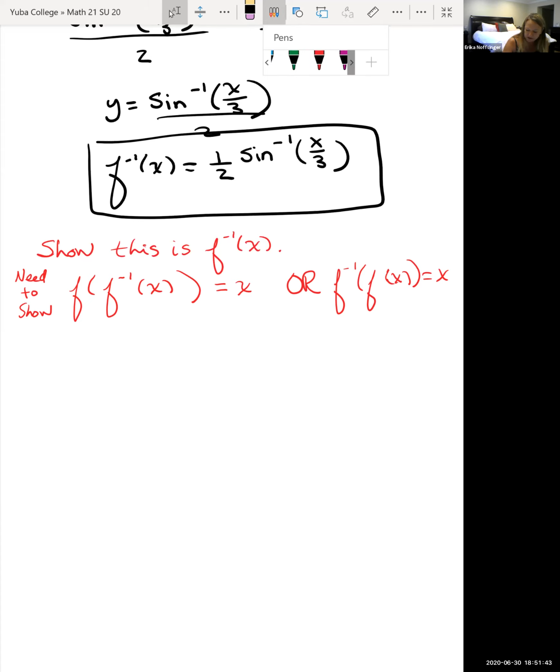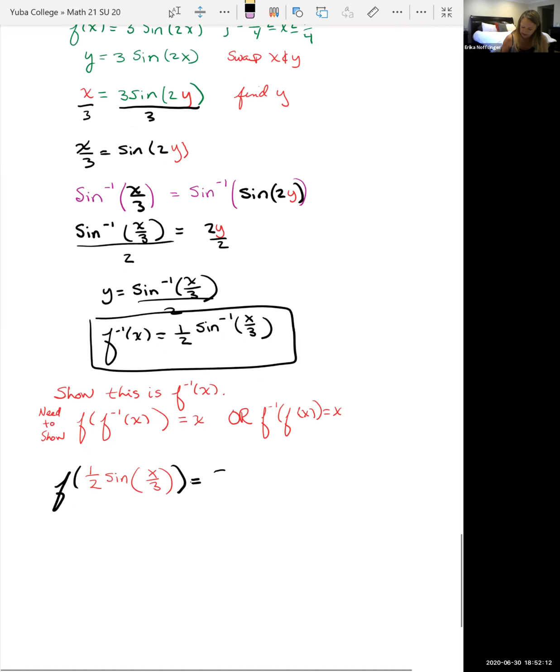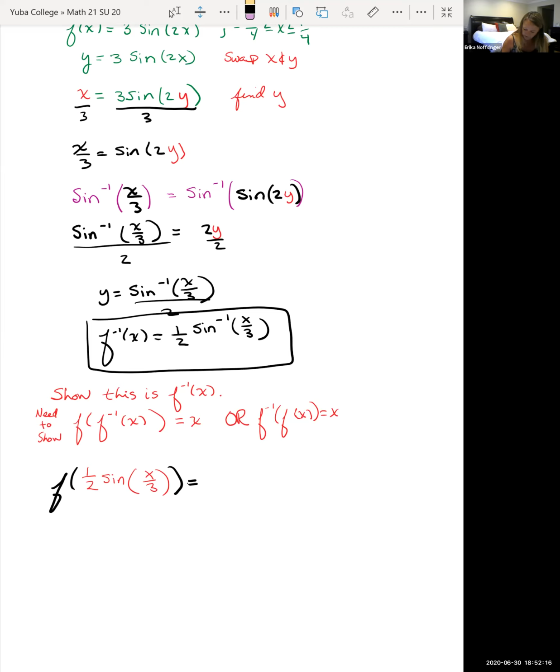Our original function was 3 sine of 2x, and we're going to replace that x with this 1/2 sine of x over 3.